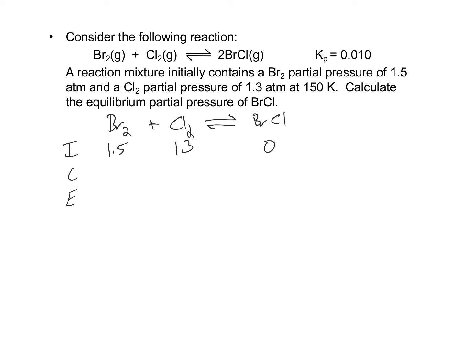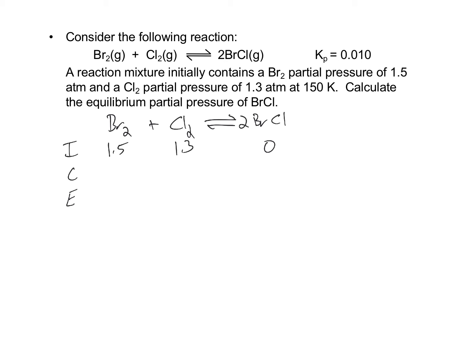They don't give us any of the equilibrium partial pressures, but we do have the equilibrium constant. So actually, let me fix my equation here. I forgot the 2 in front of the BrCl, and let's go ahead and put in the change row. So since we're not starting with any product, the reaction is going to have to go to the right.